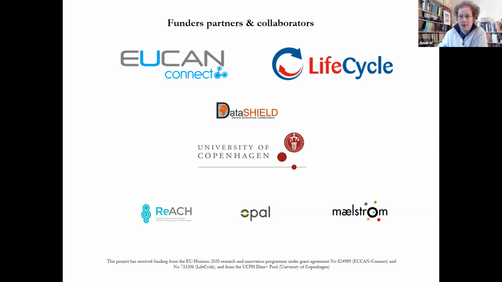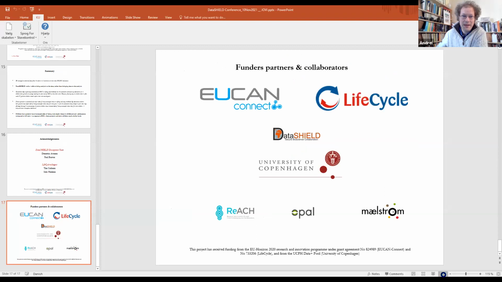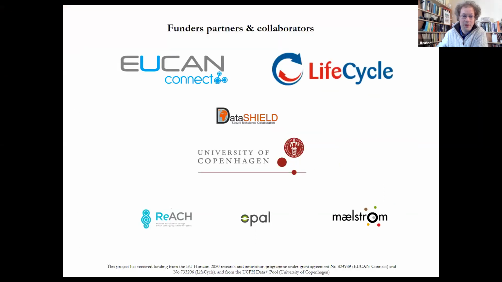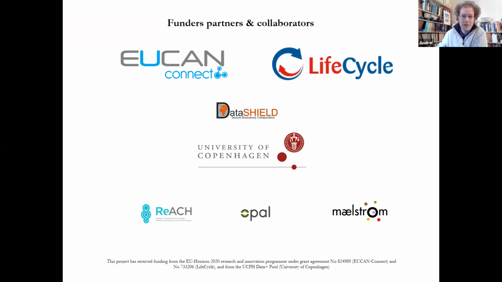I've got another question. I see no one else has raised their hand yet. This is on the more technical side of things. I was very impressed with your graphs, and I wondered if you could tell us a little bit about how you got them. Did you produce them using DataSHIELD, or did you extract the data and then produce them separately outside of DataSHIELD? It's a good question.